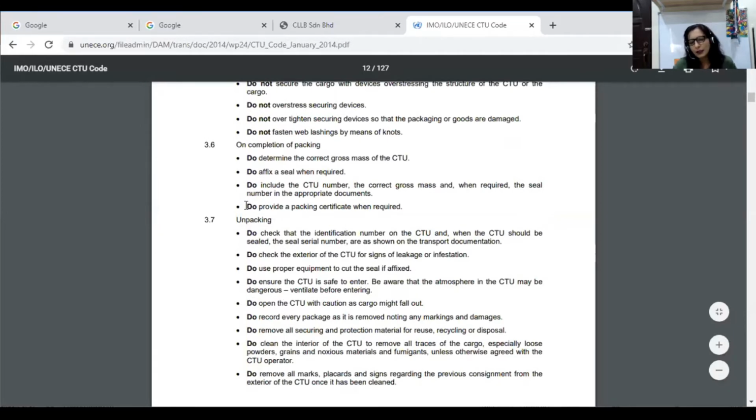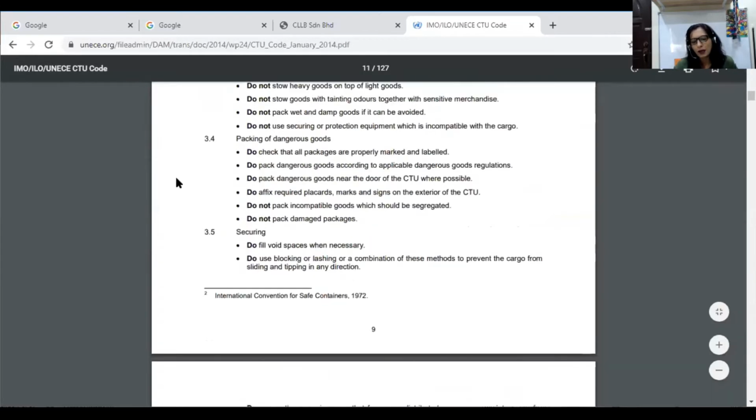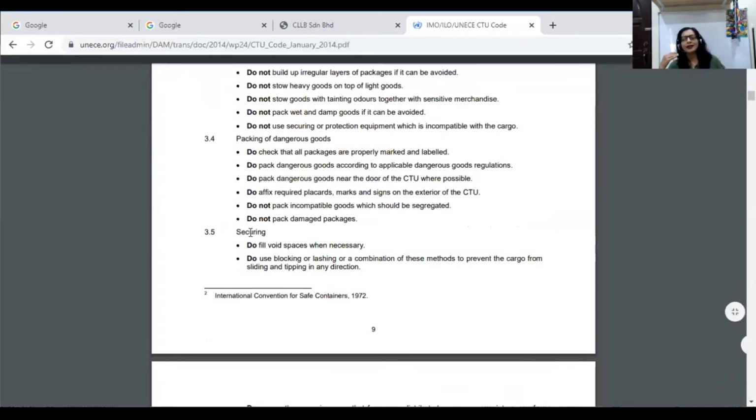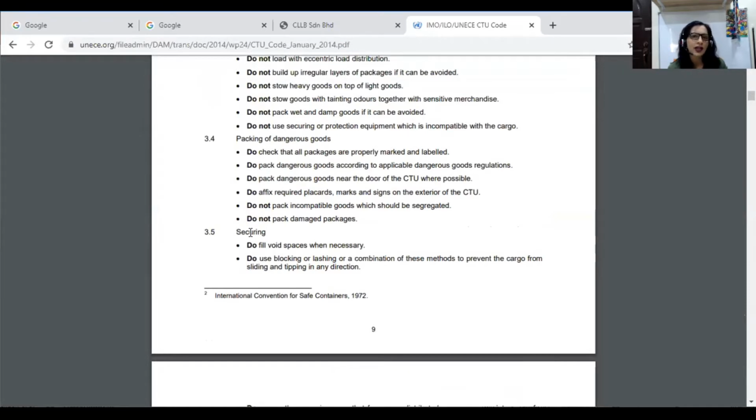A lot of these parts you can pick up really quickly in order to create a dangerous goods safety checklist of your own.